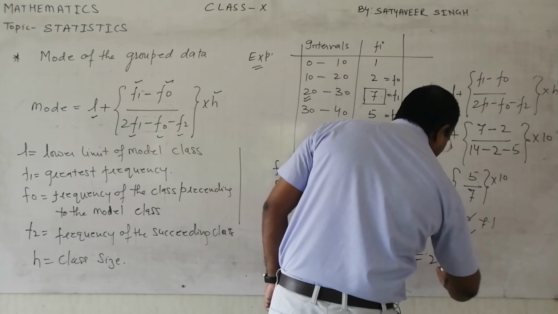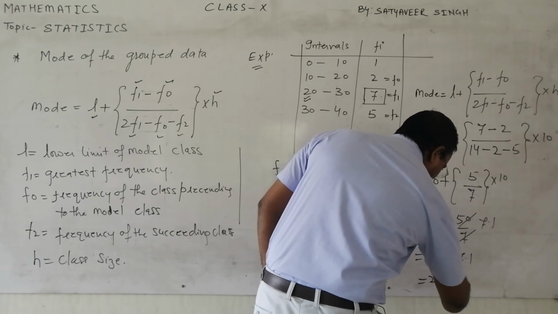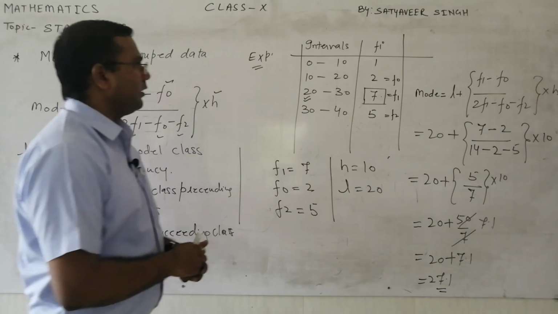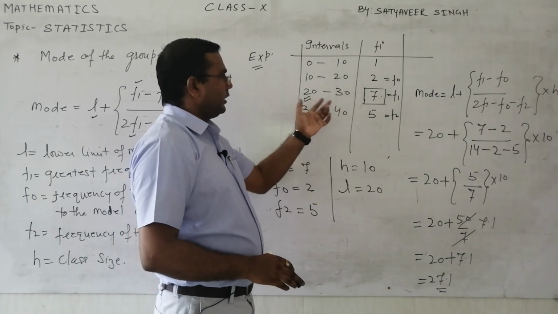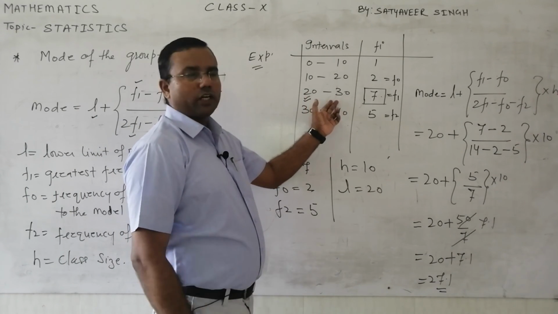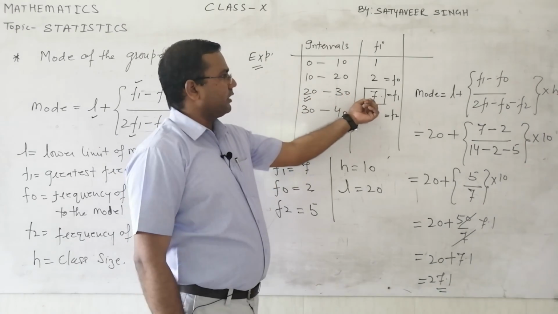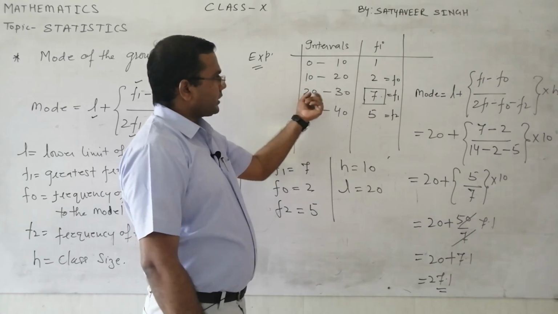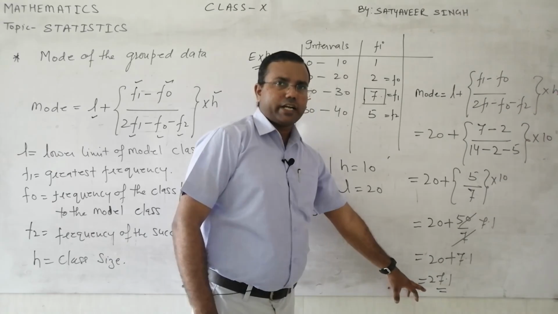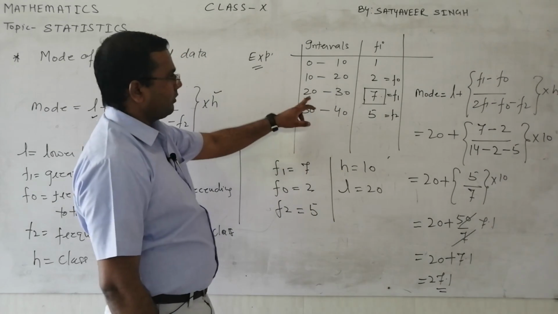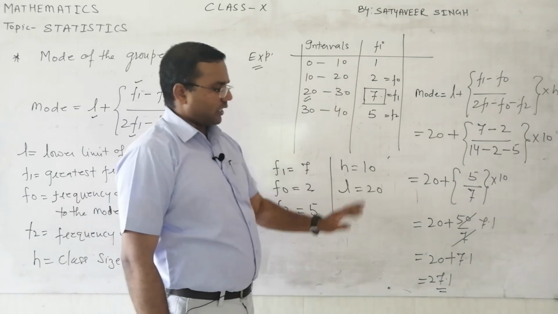So we got 20 plus 7.1, which means 27.1. This is the mode of the data. You can analyze that this interval is the modal class because the frequency of this interval is the highest. The value representing the mode is 27.1, and obviously it lies in the interval 20 to 30. So our answer is correct.